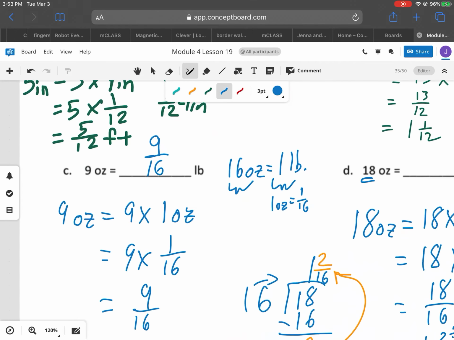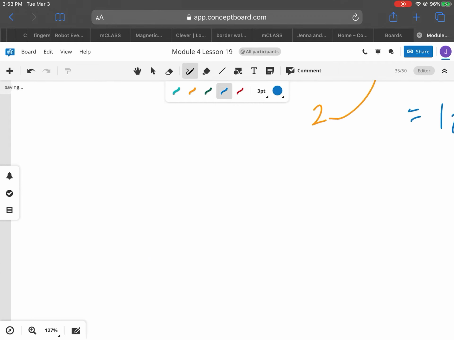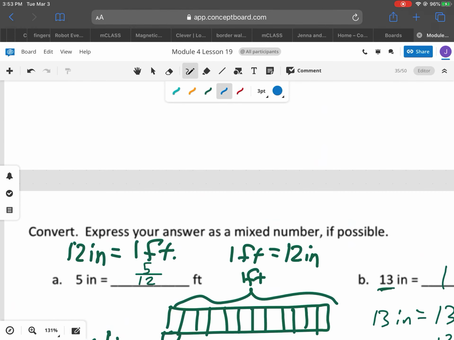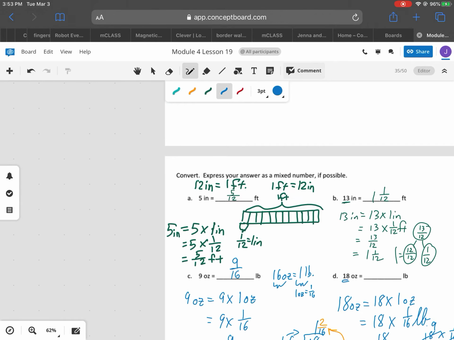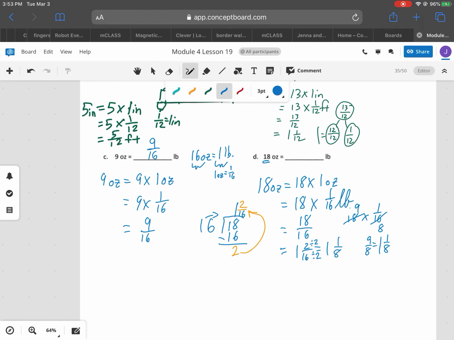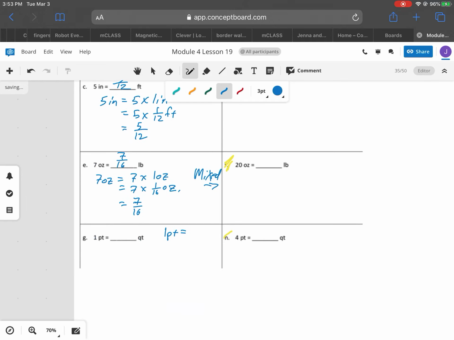Let me check something real quick. Oops, I went too far, sorry. Okay, so I'm going to say 2 pints equals 1 quart. I was just making sure I was doing it the right way.